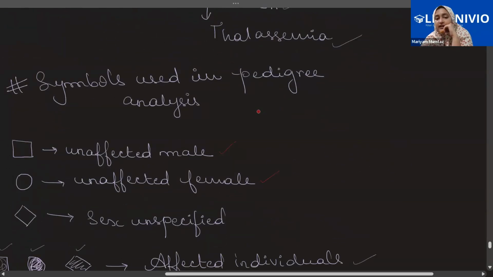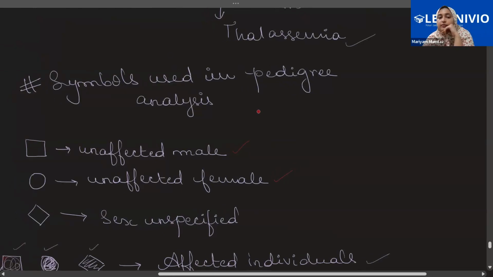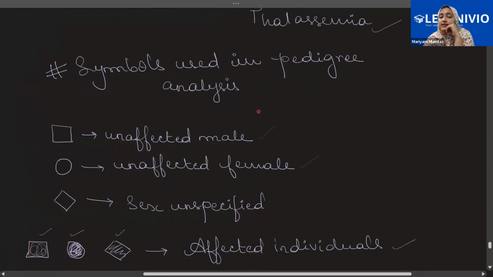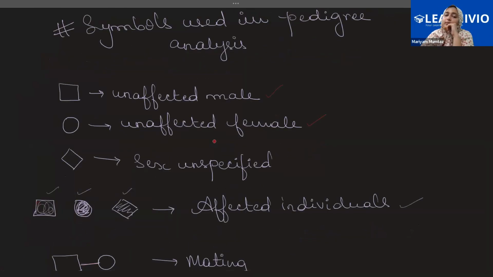Now, for creating this pedigree chart, there are certain symbols that we use. The square indicates an unaffected male, a male that is not affected with any disease. Then a circle is for an unaffected female. And this diamond shape is for the sex if it is unspecified, when we do not know whether that is a male or a female.